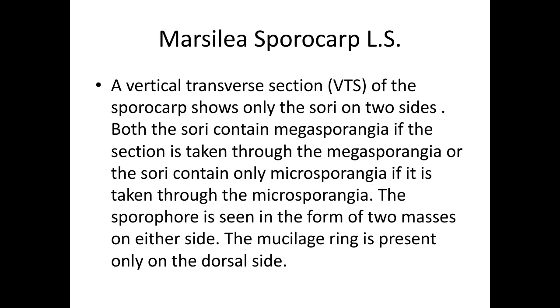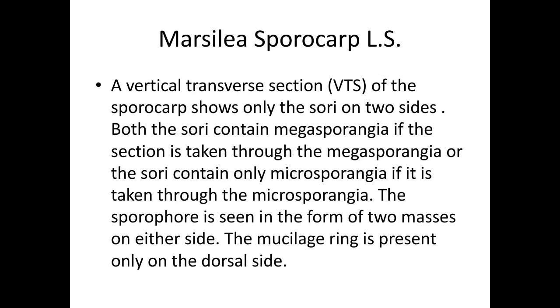Marsilia sporocarp, vertical transverse section, shows only two sori on two sides. Both the sori contain megasporangia if the section is taken through the megasporangia, or the sori contain only the microsporangia if it is taken through the microsporangia.